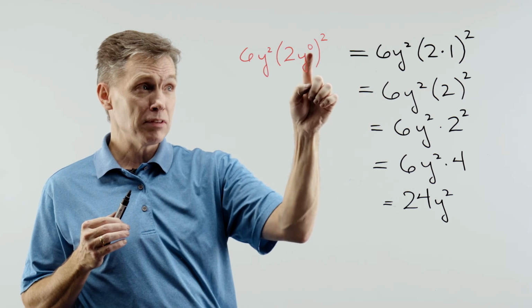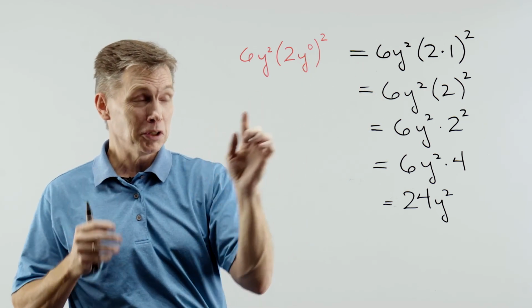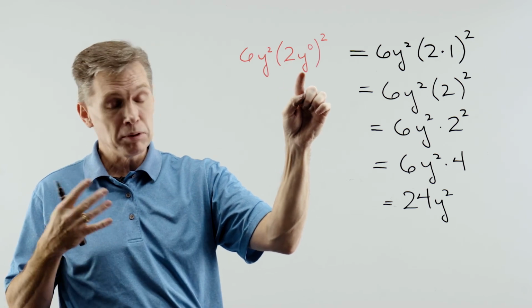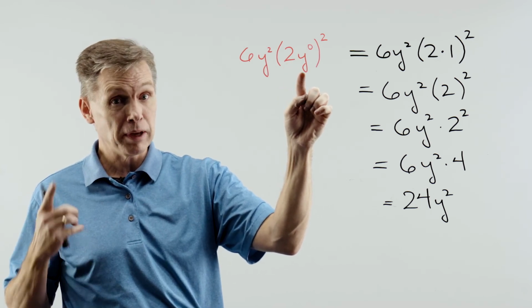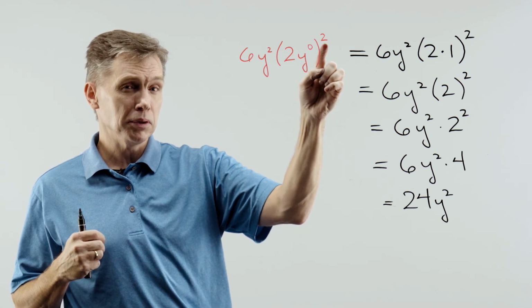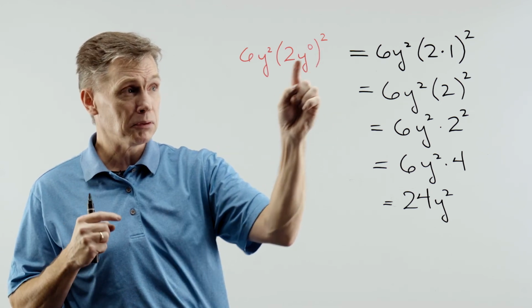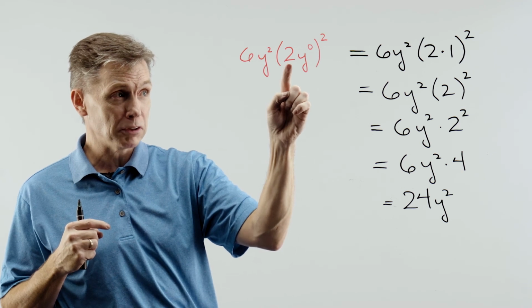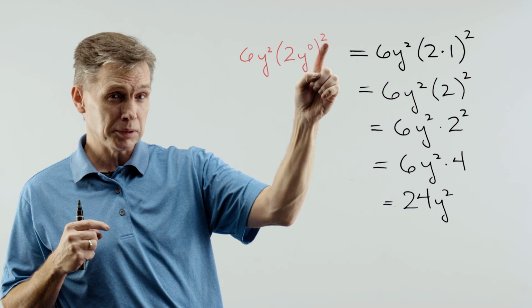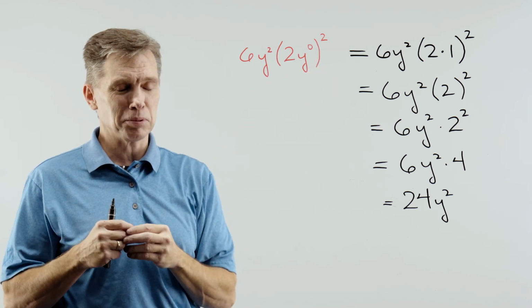But if I did not have that 0 power, and notice this, I'd have 2 as a factor, and then y may be raised to some other power as a factor, so each of those would get this exponent of 2. And what a lot of people will end up missing is that the constant factors like this 2 do get that exponent, okay? Each factor inside the parentheses, okay?